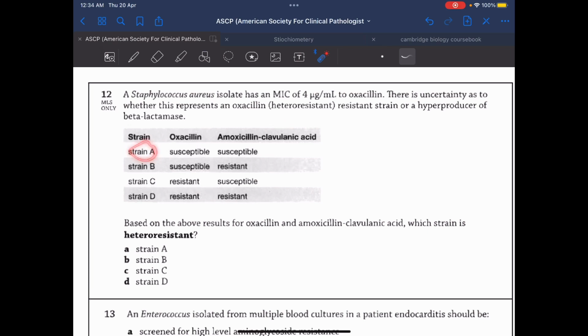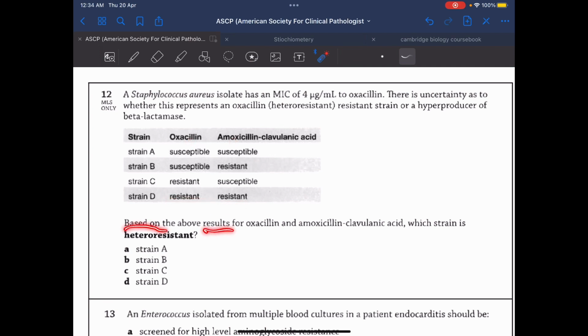Strain A: susceptible to oxacillin and susceptible to amoxicillin clavulanic acid. Strain B: susceptible to oxacillin and resistant to amoxicillin clavulanic acid. Strain C: resistant to oxacillin, susceptible to amoxicillin clavulanic acid. Strain D: resistant to both oxacillin and amoxicillin clavulanic acid.